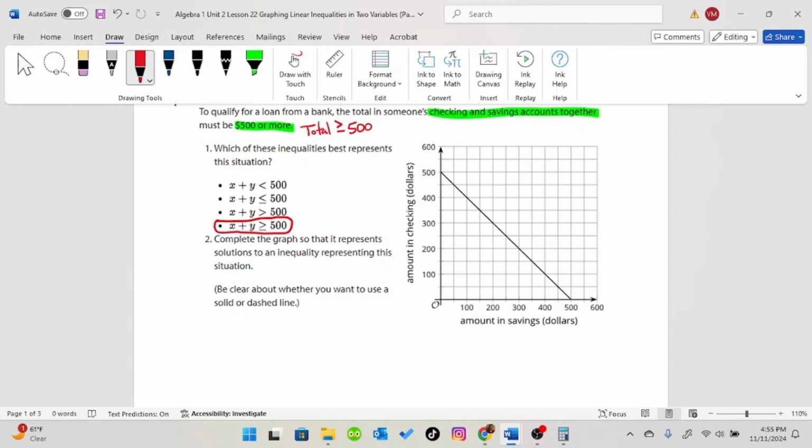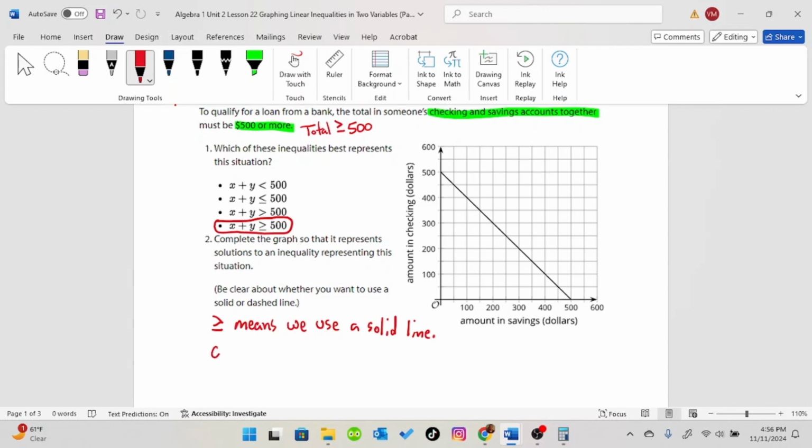Now, greater than or equal to means we use a solid line. We can pick a point on either side of the line and test it. Again, the easiest point is the origin, 0, 0.